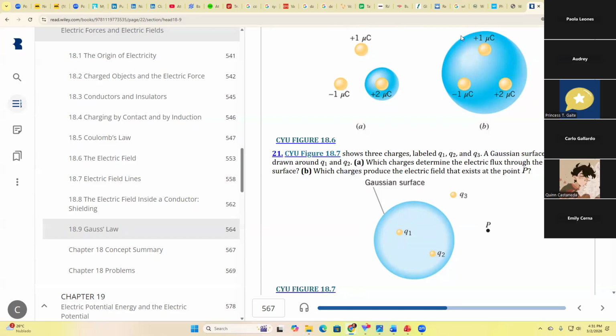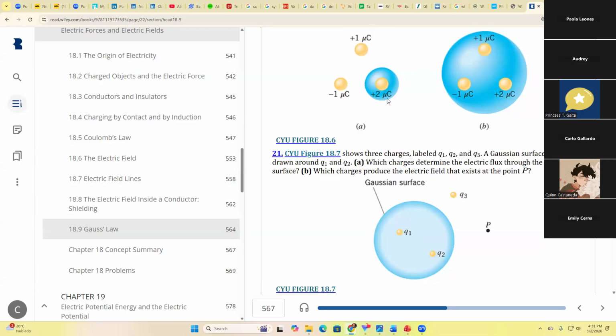Here, the total flux across the surface is the net sum of those charges, which is going to be 2 microcoulombs, since the 2 microcoulombs plus 1 cancel out the negative 1, times 4 pi k, right?